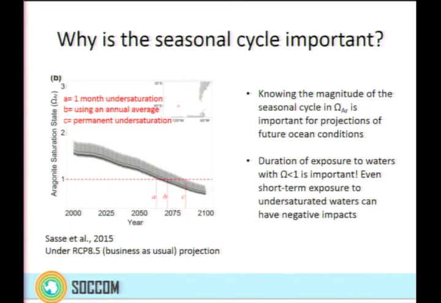So if you use the mean omega, you would calculate that undersaturation is going to happen around 2070. But if you have a seasonal cycle in your omega, then you see your first undersaturation much earlier, and it's not until about 20 years later that the water is undersaturated year-round. And studies have shown that the duration of exposure to undersaturated waters is important. So knowing the seasonal cycle is going to be important for these kinds of projections.